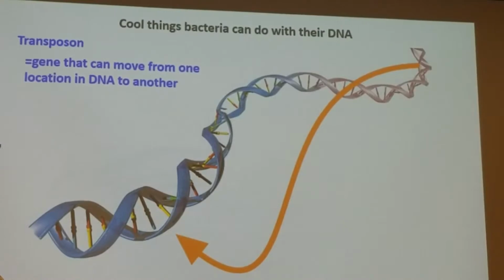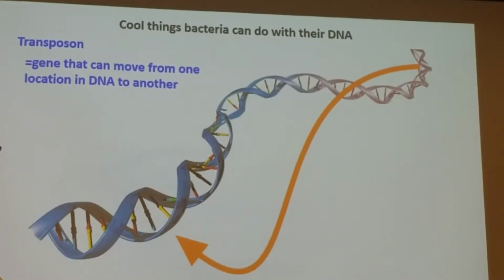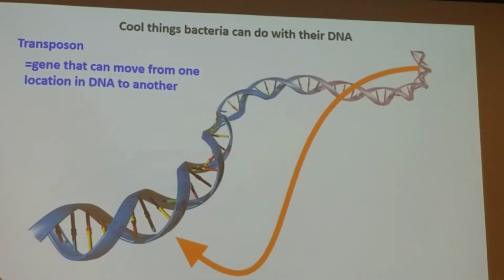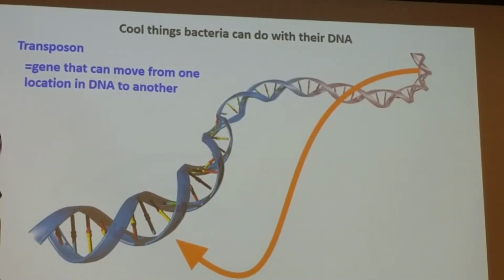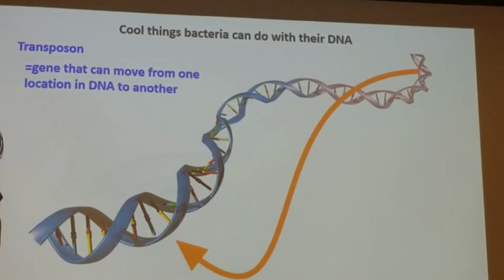And to tie this into what we looked at during the warm-up, we saw what kinds of things can cause mutations. We saw that things in the environment, like chemicals and radiation, can make it more likely for a mutation to happen. Is it possible for a mutation to happen even if there are no chemicals or radiation?